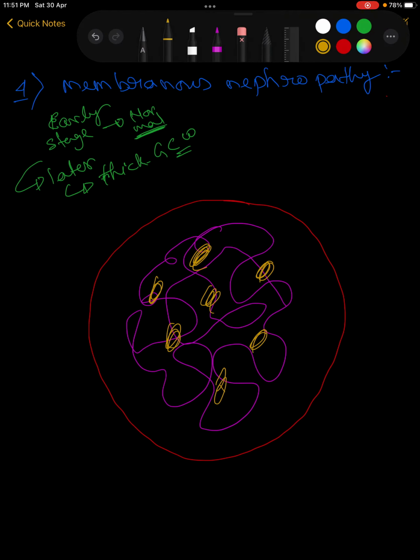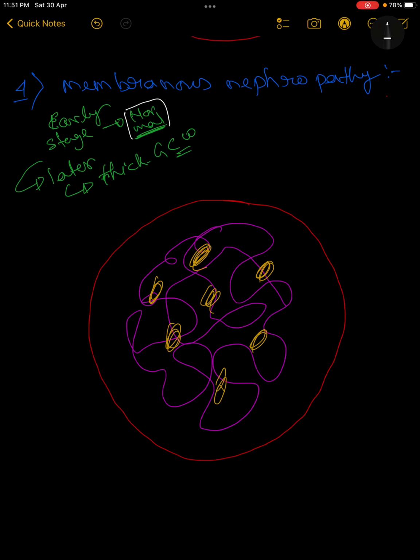Now the main point we have to understand here is the structure will be normal, or the capillary wall is thickened. Is there any infiltration, any proliferation? No. If the capillary wall is only thickened, how are we going to define it? We use a special stain, and the special stain is known as silver stain. Okay, silver methenamine stain or silver stain.